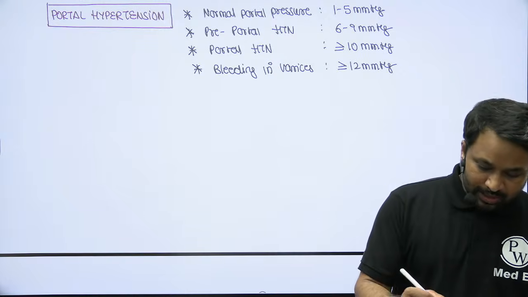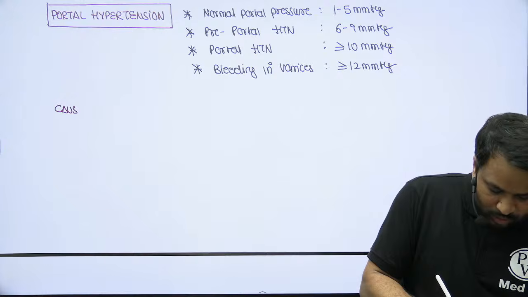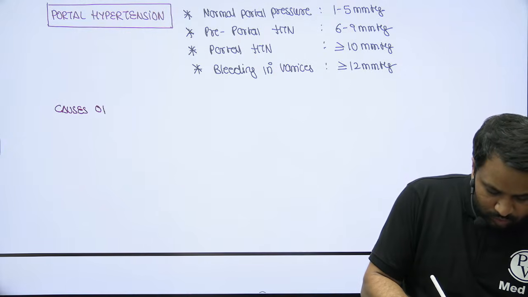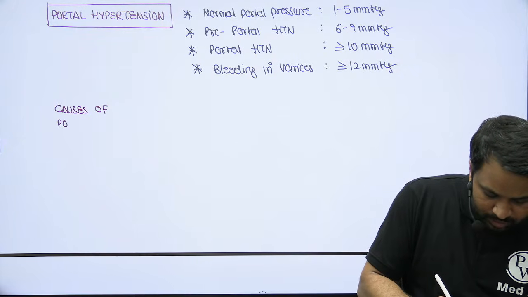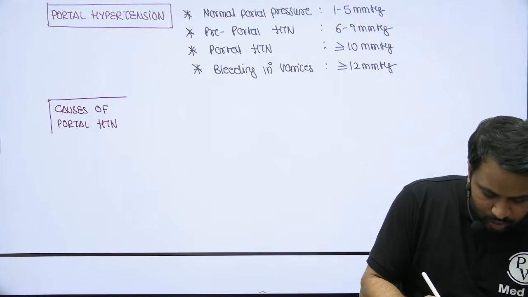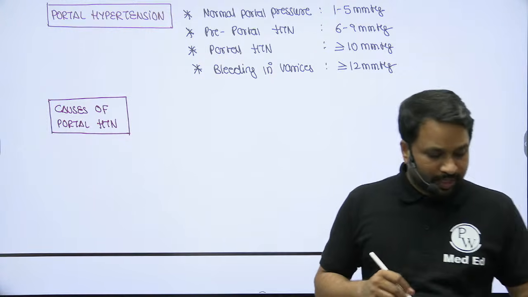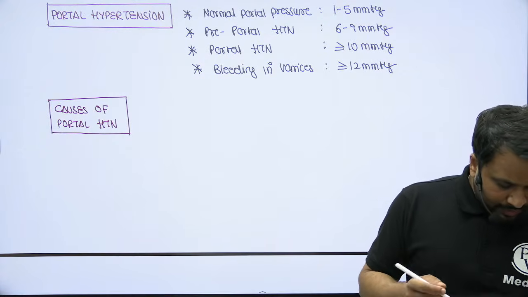So what are the causes for portal hypertension? The next thing that you need to know is the causes of portal hypertension. The causes of portal hypertension are divided into various components, right?